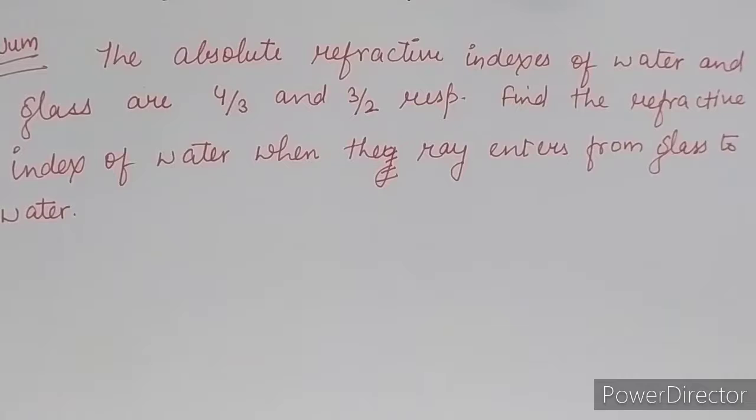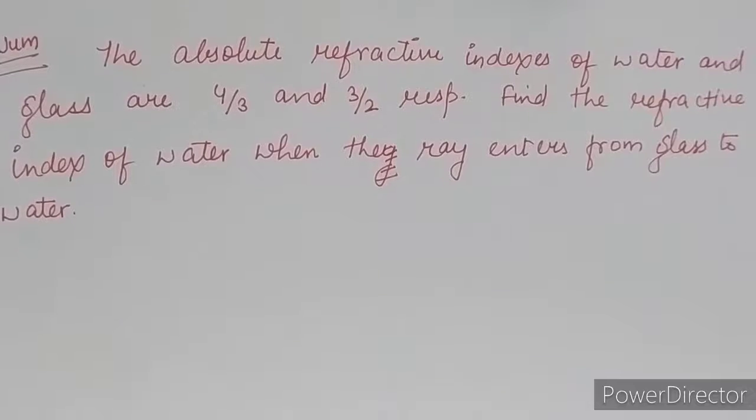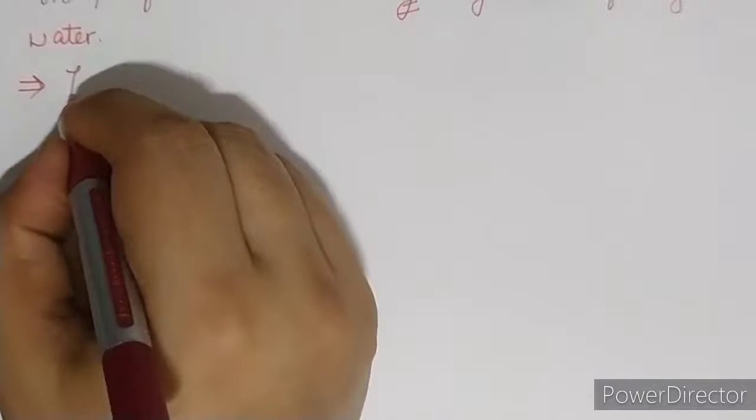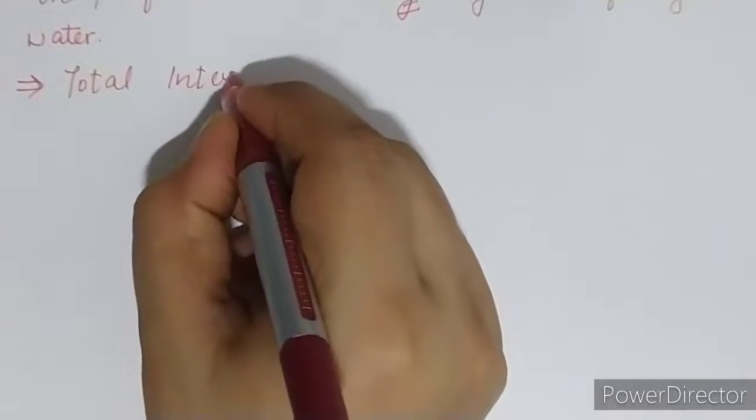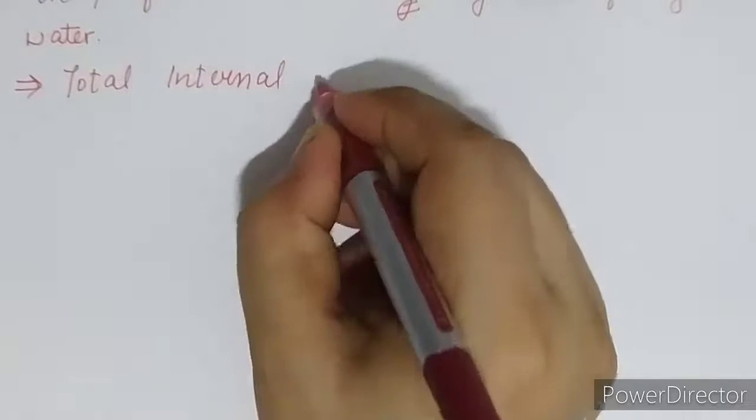Okay, clear? Now moving further with the next topic, that is TIR, total internal reflection. This is a very important topic. Sometimes it is simply asked, define TIR in a 2 marks question, even in a 1 mark question, what do you mean by TIR? So that is total internal reflection.